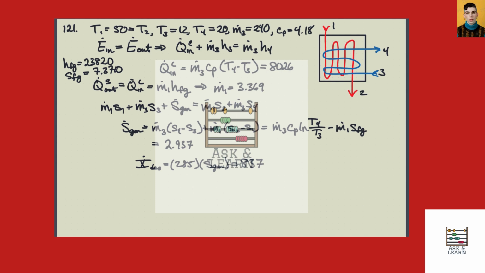With that, we can then turn our attention to entropy. So again, we're looking at the entropy of this whole system now. We have the entropy flowing in from the steam, flowing in from the lake, plus the rate of entropy generated, must equal the entropy flowing out of the condensed steam and the entropy flowing out to the lake.